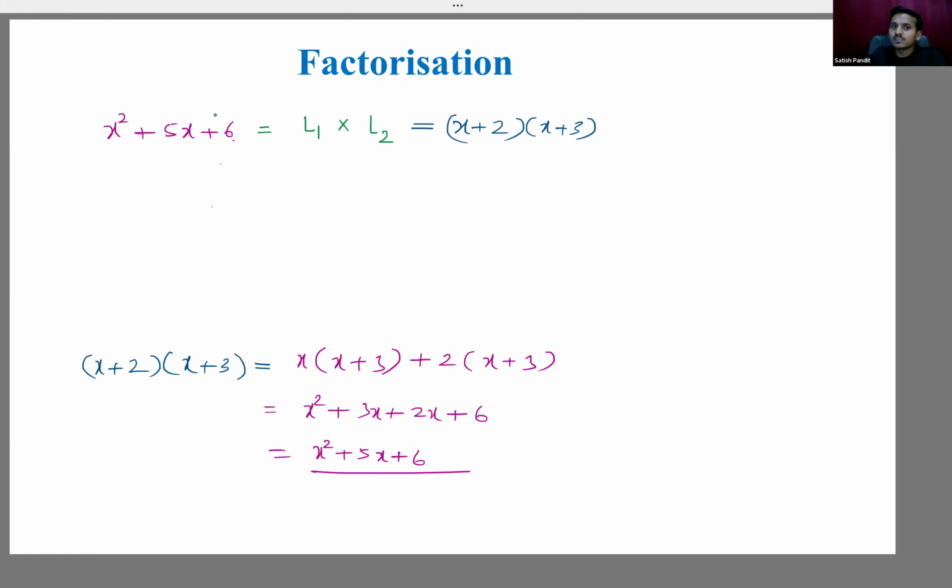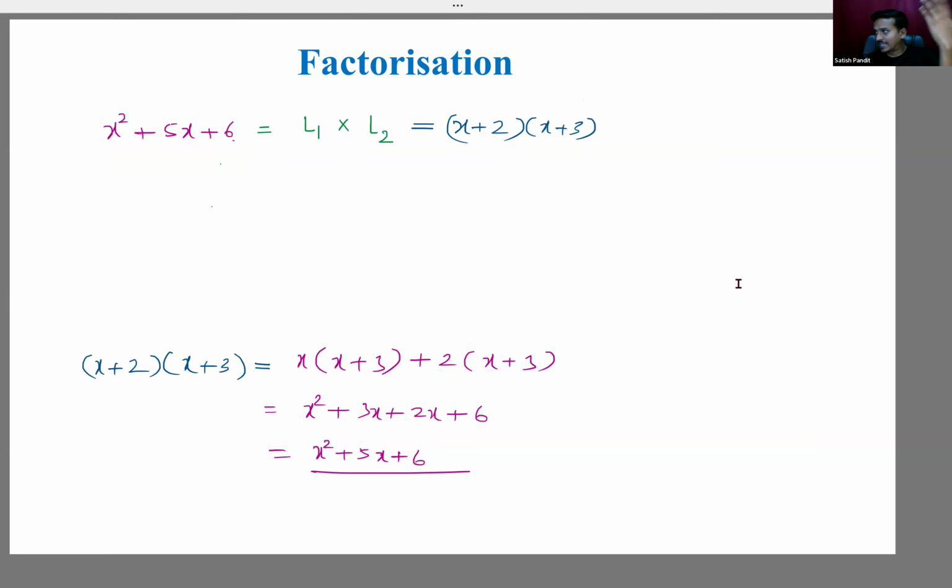This process of writing or expressing a quadratic polynomial as a product of two linear polynomials, this is linear polynomial 1 and this is another linear polynomial, is called factorization. Now, I have got some techniques, and using that technique, you can factorize any quadratic polynomial.